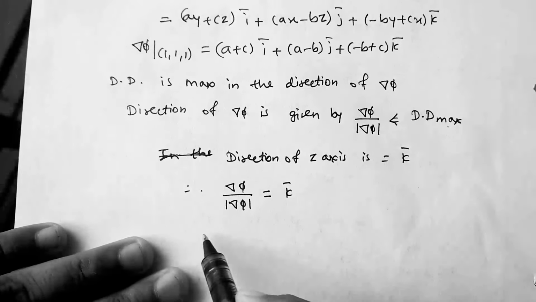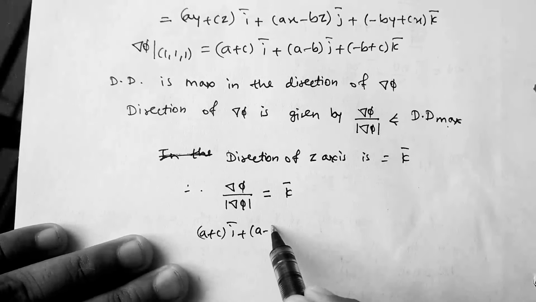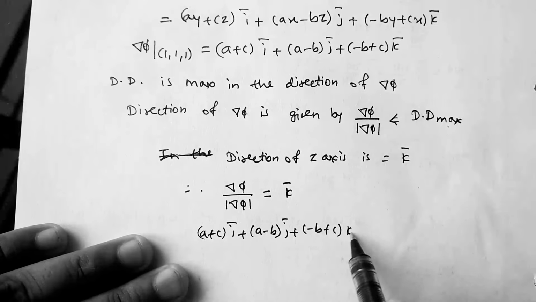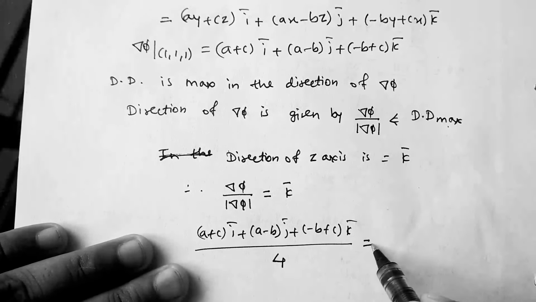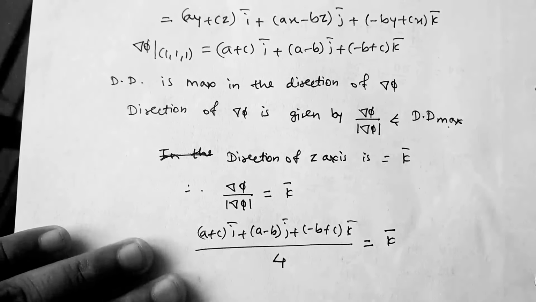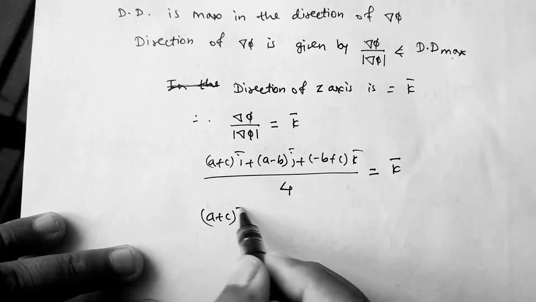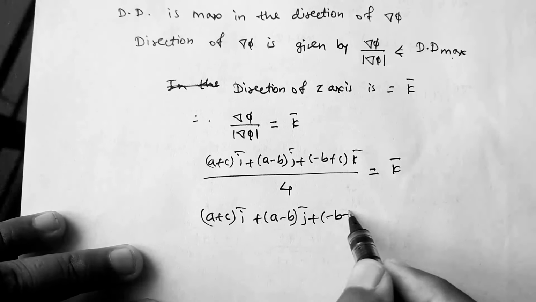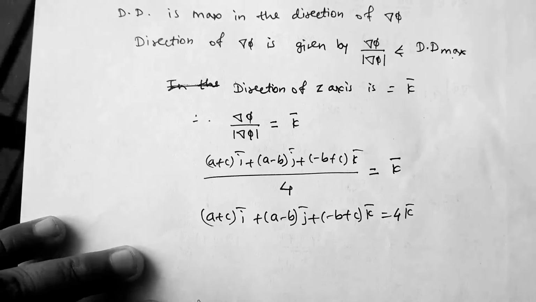Del phi is equal to (a plus c) into i bar, (a minus b) into j bar plus (minus b plus c) into k bar upon mod of del phi. Its magnitude is given as 4, equal to k bar. By simplifying, (a plus c) i bar plus (a minus b) j bar plus (minus b plus c) k bar equals 4 k bar.